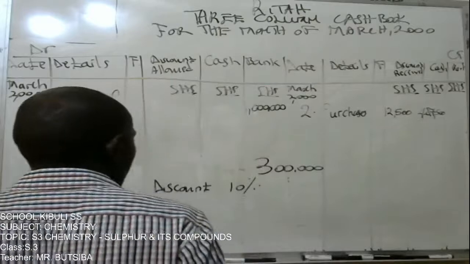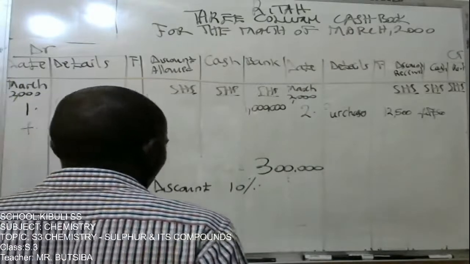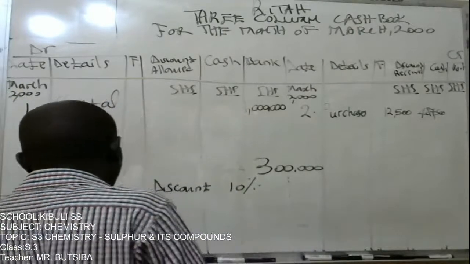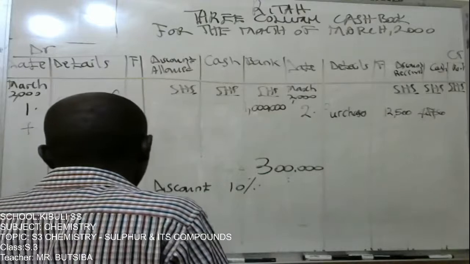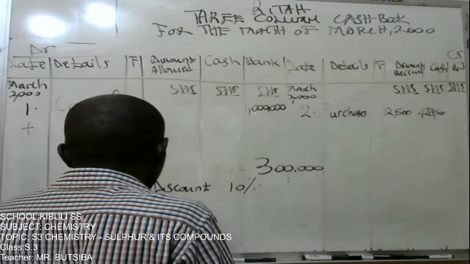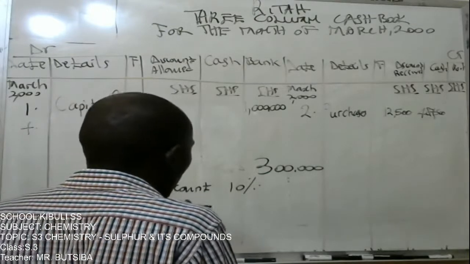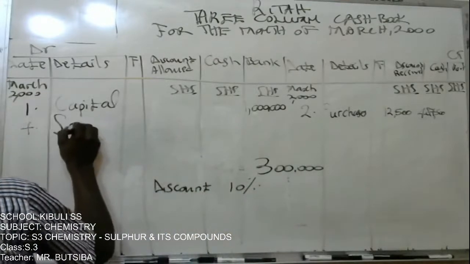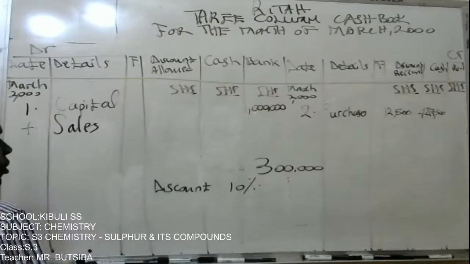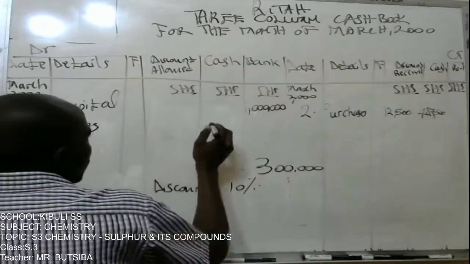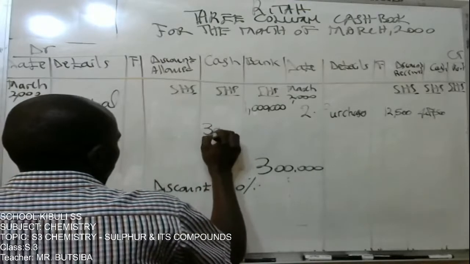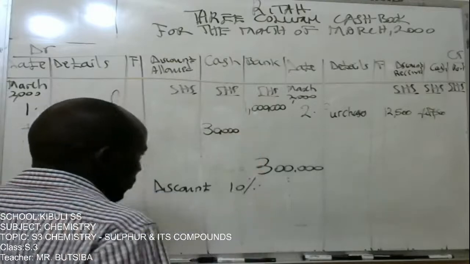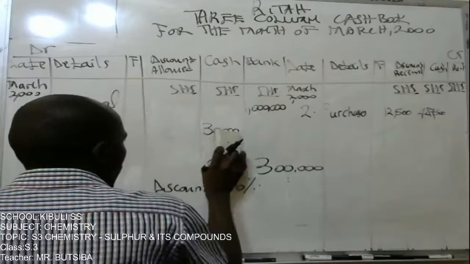But then they are telling us that after deducting the 10% discount, we are showing 300,000, implying that the actual amount received is 300,000.